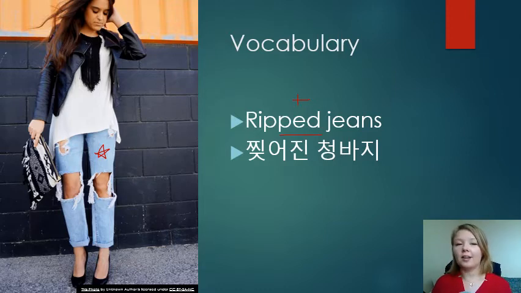Ripped jeans are very fashionable at times, but maybe they are not appropriate for something like a job interview or going to a wedding or some special occasion. They are casual, right? Casual. So let's say it again. Ripped jeans.